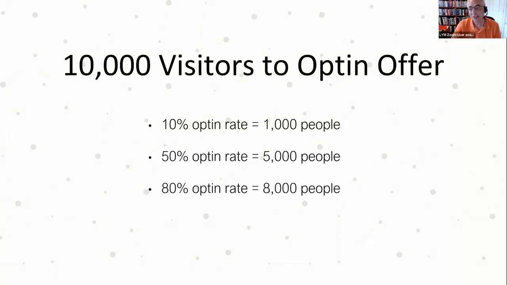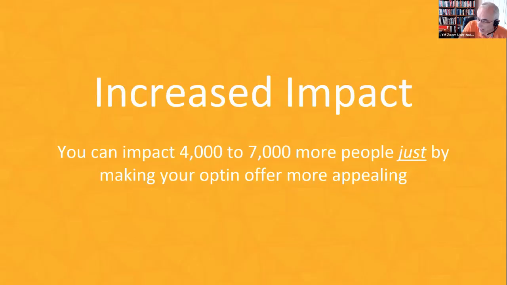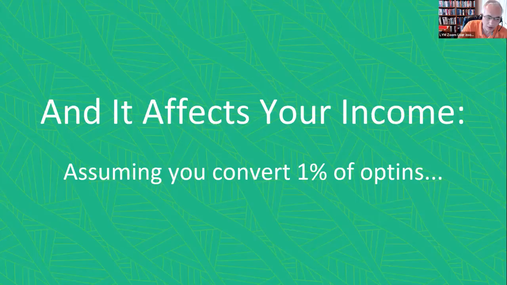And if we do 80%, you can do the math, we get 8,000 people to opt in. It's the same 10,000 visitors coming to the same page, but if we shift our offer and go from 10% to 80%, we get 7,000 more people just by making that opt-in offer more appealing, and it affects your income.